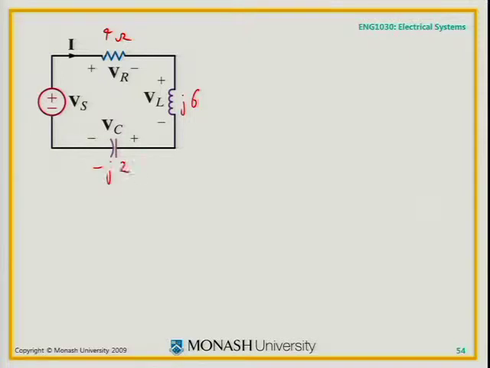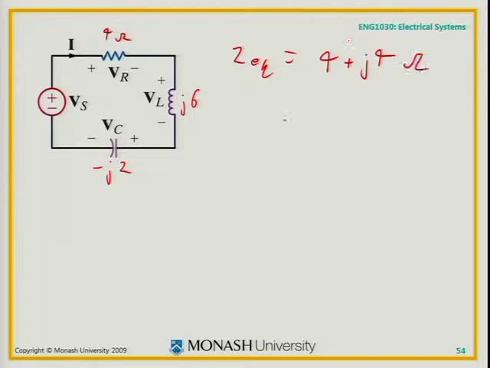That's minus j2. What's the equivalent impedance? What is it? 4 plus j4. Yep. 4 ohms, 4 plus j6 minus j2. So 4 plus j4. Is that okay?